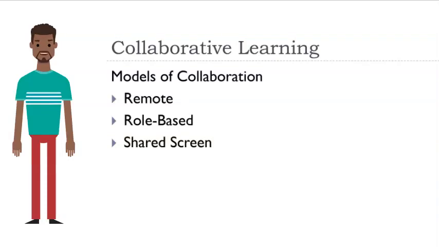While in the role-based model, students work on smaller individual tasks based on their role within the group. Continuous communication is needed to construct a shared final product. While lastly, in the shared screen model, students work side by side, discussing and taking turns to complete an activity using one device.